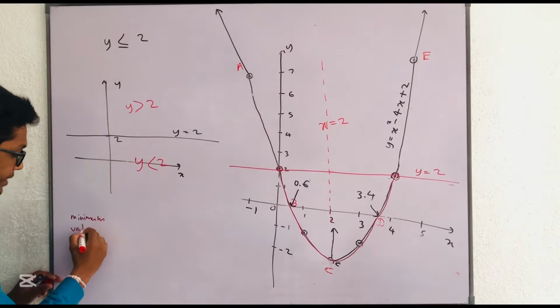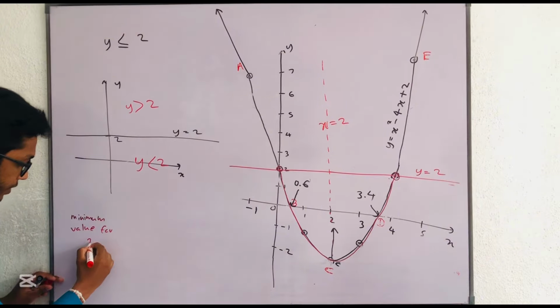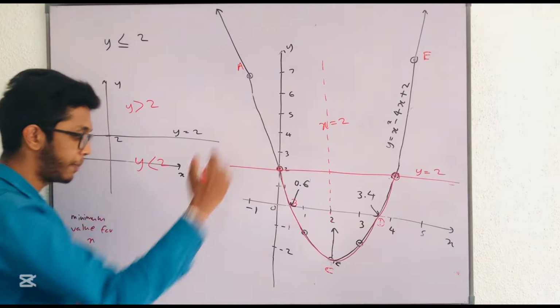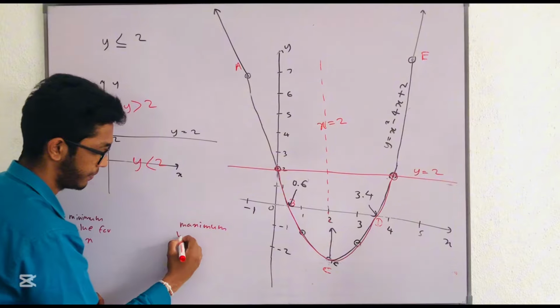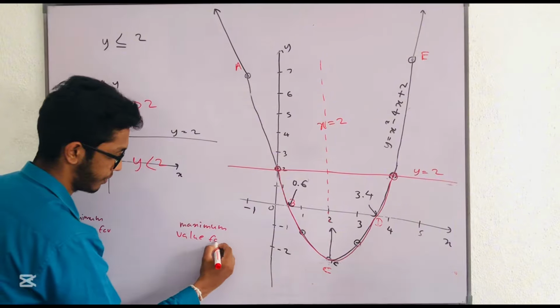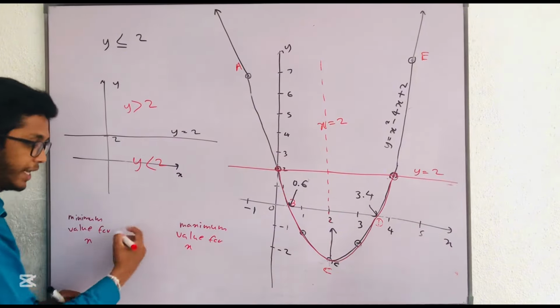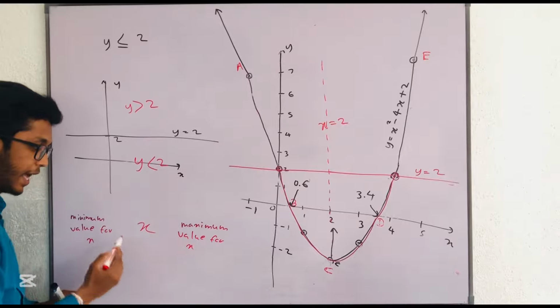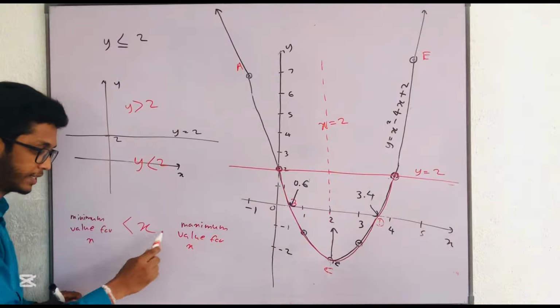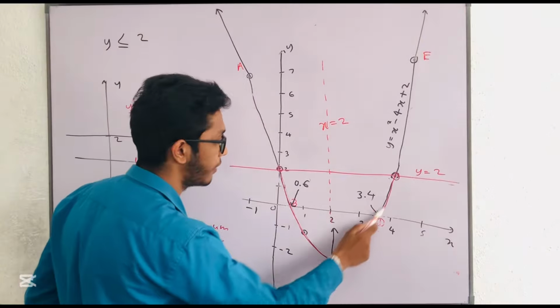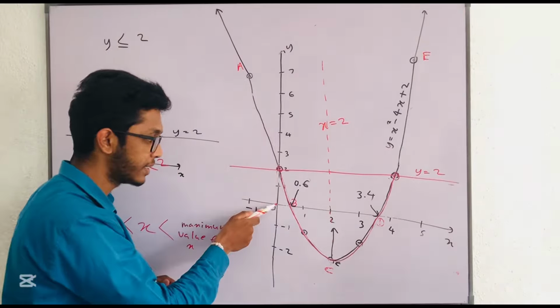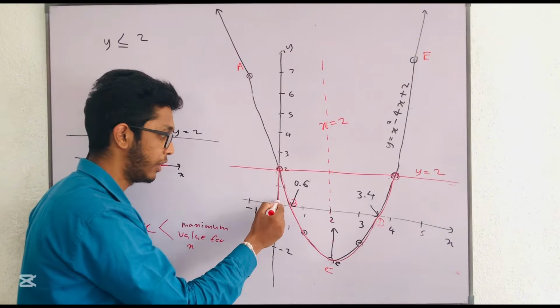Minimum value for x belonging to that part, and maximum value for x belonging to that part, and in between those two we write x and mark the inequality signs in this way. So here in this part of the graph, the minimum value for x is this one. Minimum value for x is 0.